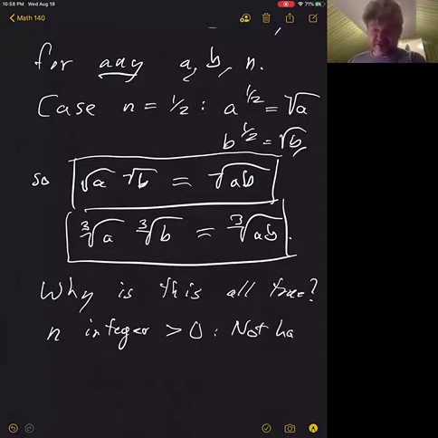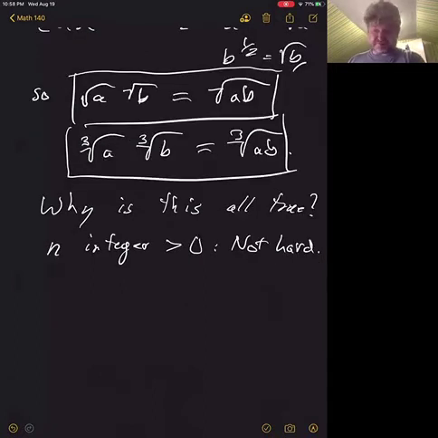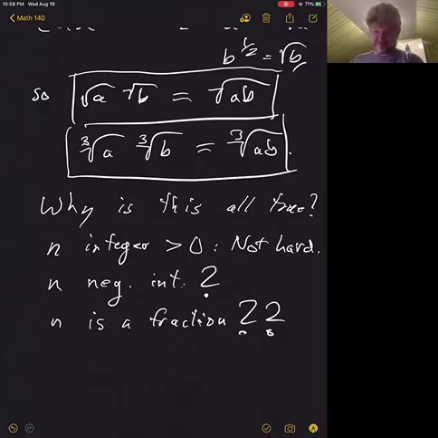But if we take that on trust, I claimed it's true for absolutely any a, b, and n. So what if n is a negative integer? Definitely harder. And what if n is a fraction, like 1/2 in that example? Let's give that one about 3 question marks, because that's definitely pretty hard.